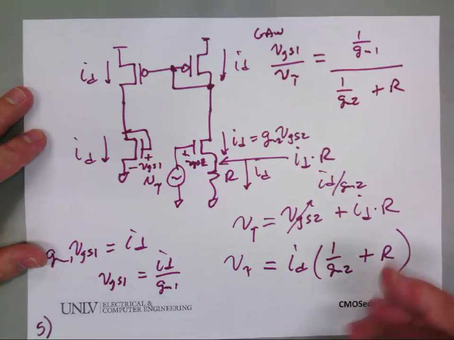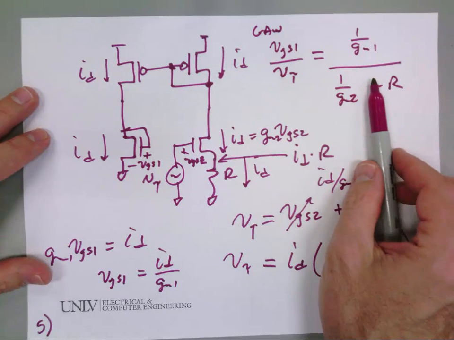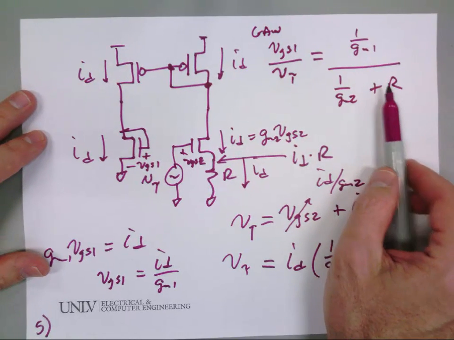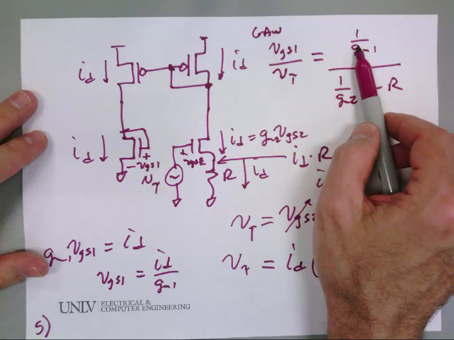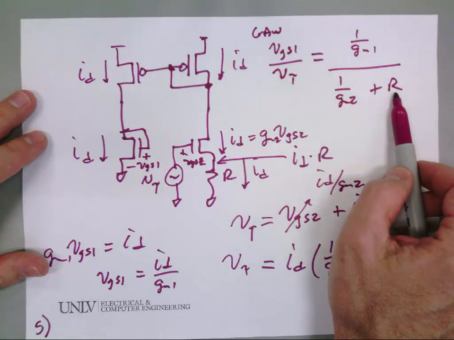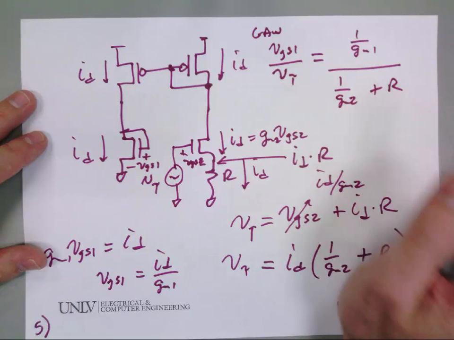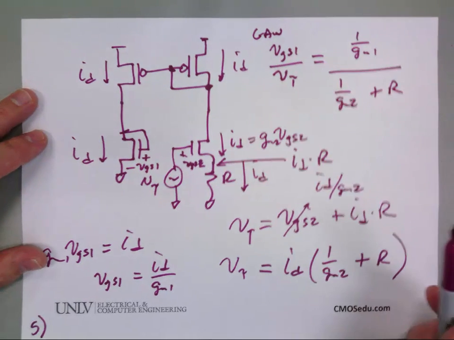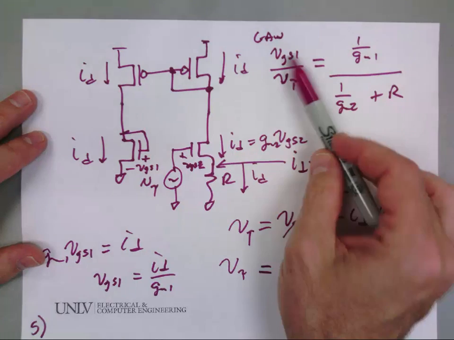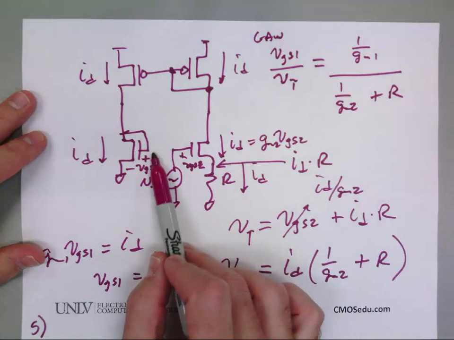I'm going to tell you right now this is less than 1. You can think about it for a second and convince yourself that it has to be, because if 1 over gm is equal to R, or gm1 is equal to 1 over R, which we just derived, this has to be less than 1, but I want to prove it in more detail. Does everybody agree? So this is the gain from here back. It's less than 1.